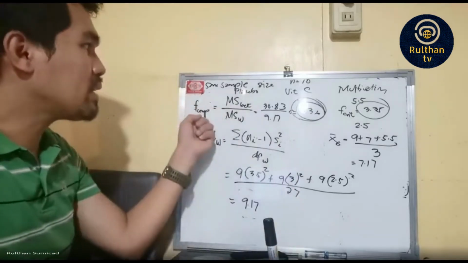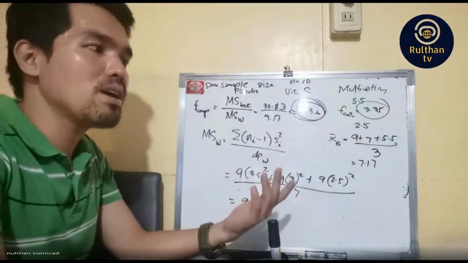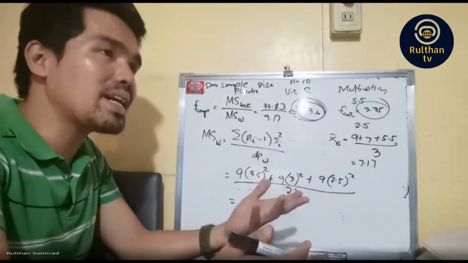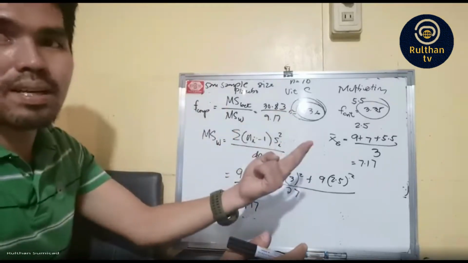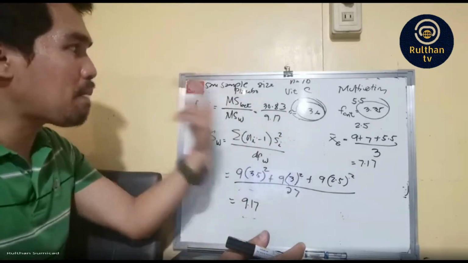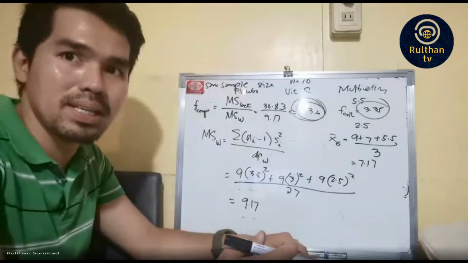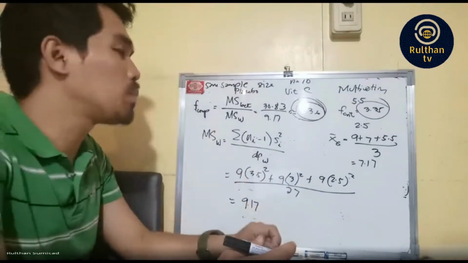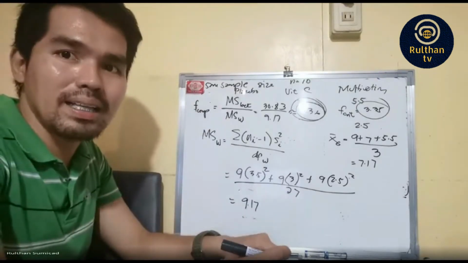Thus, we reject the null hypothesis, signifying that there is a significant difference among the three population means of the placebo group, vitamin C group, and the multivitamin group. That's how we solve for our F.